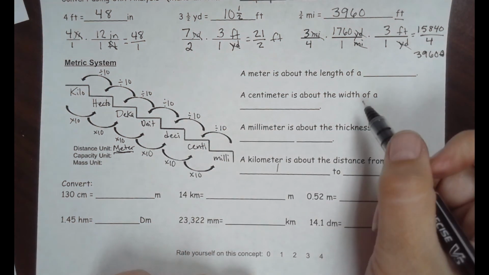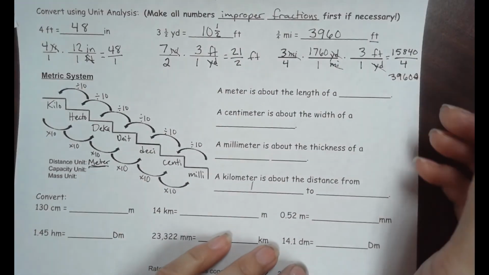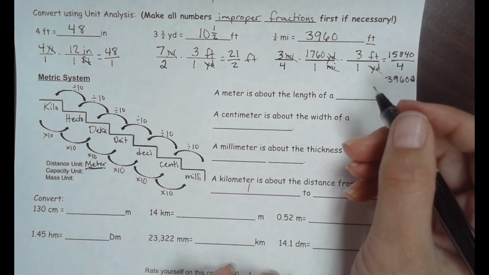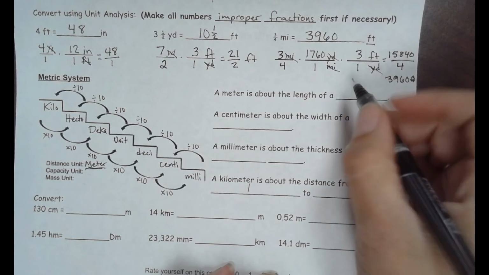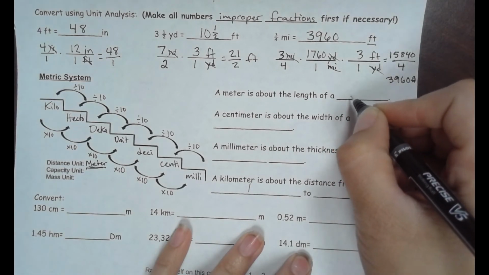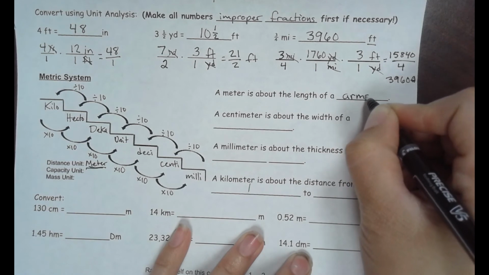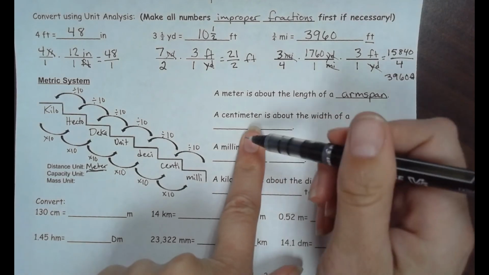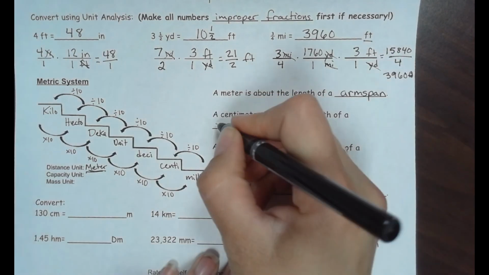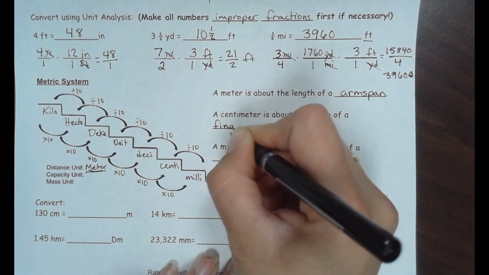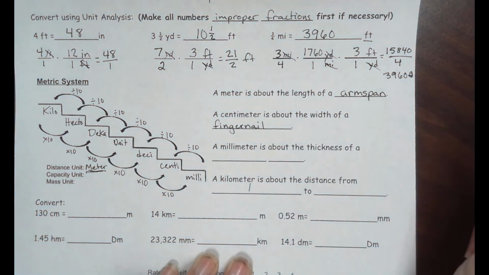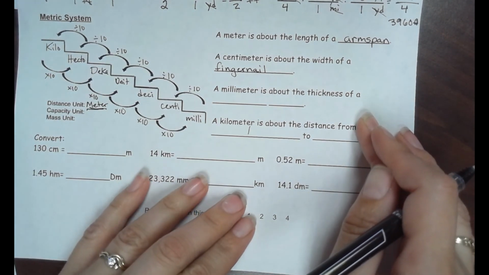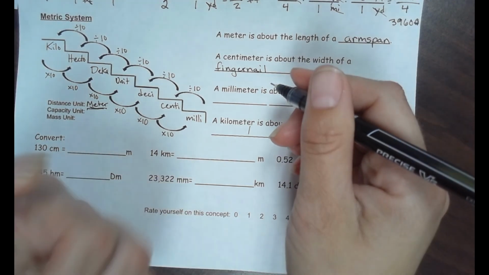Okay, a meter is about the length of, it's a little bit bigger than a yard. So it's about the length of your arm span. So if you stick your arms out, a centimeter is about the width of a fingernail. A millimeter is about the thickness of your fingernail.